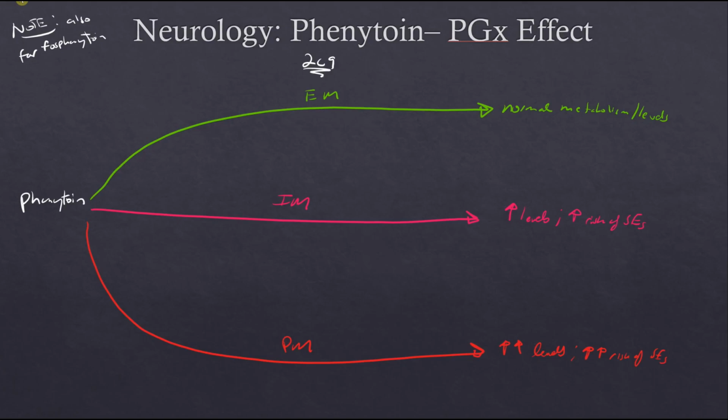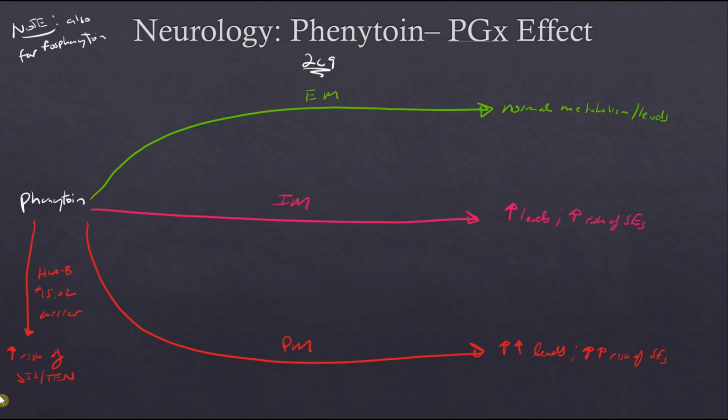Now, one interesting side point here is that the phenytoin CPIC guidelines actually involve the HLA-B genetic variation as well. So let's see what that looks like. If you are a carrier of HLA-B star 1502, then you have an increased risk of Stevens-Johnson syndrome and toxic epidermal necrolysis.